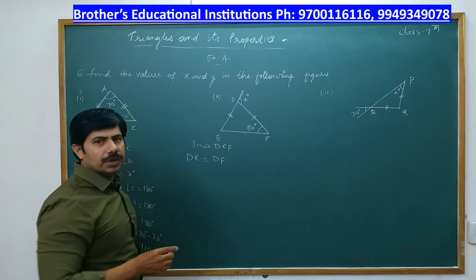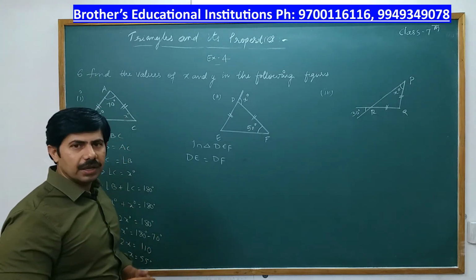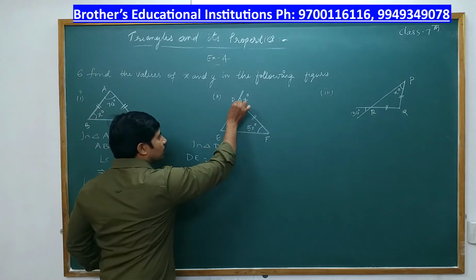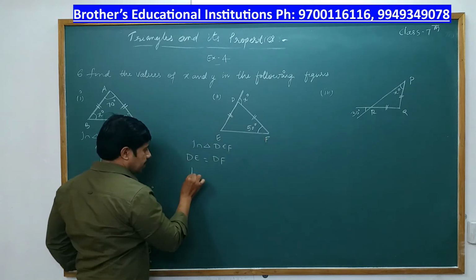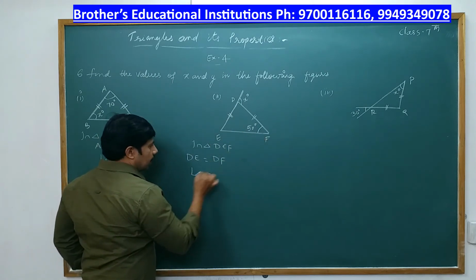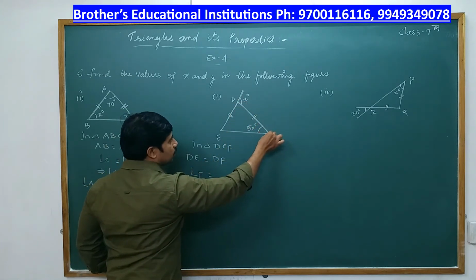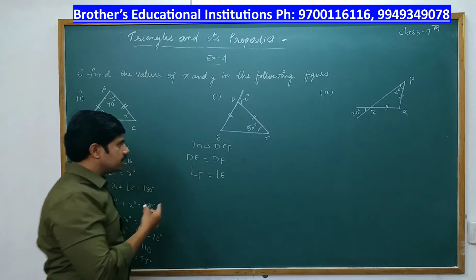In a triangle, if two sides are equal, then their opposite angles will be equal. Now DE is a side. What is the opposite angle to side DE? It is F. DF is a side. What is the opposite angle to side DF? It is E. So angle E is equal to angle F.